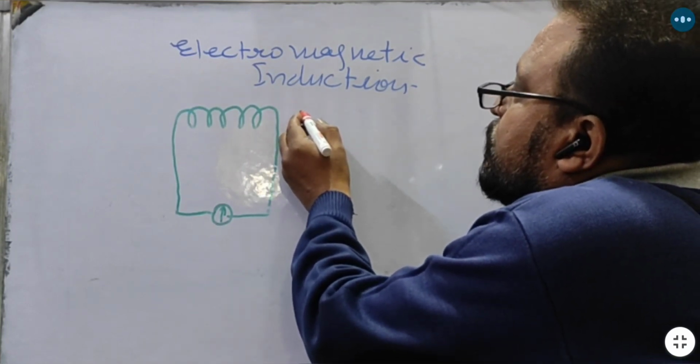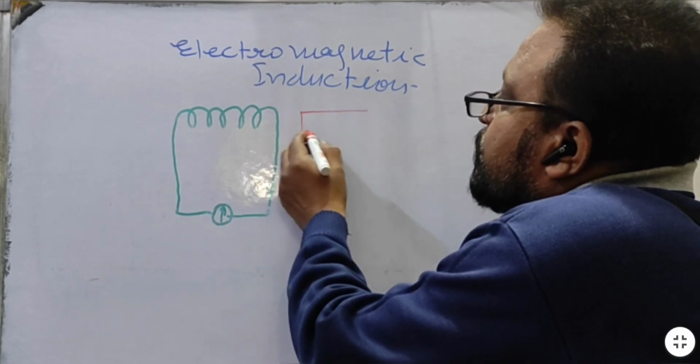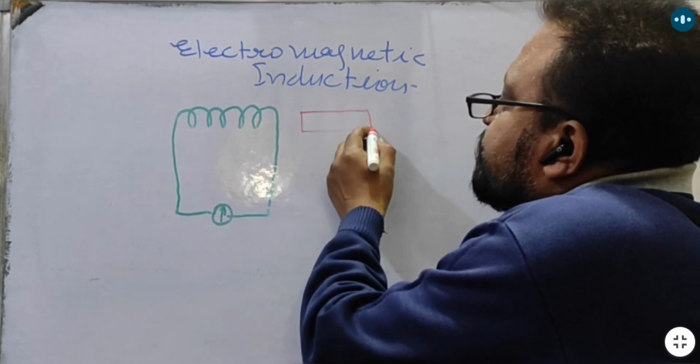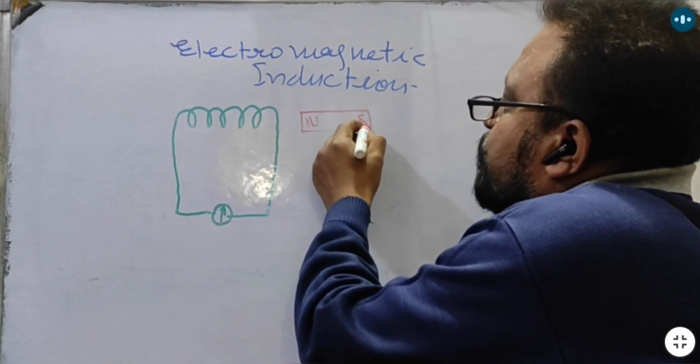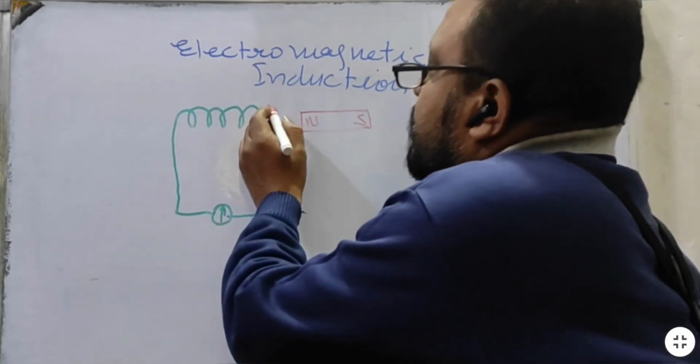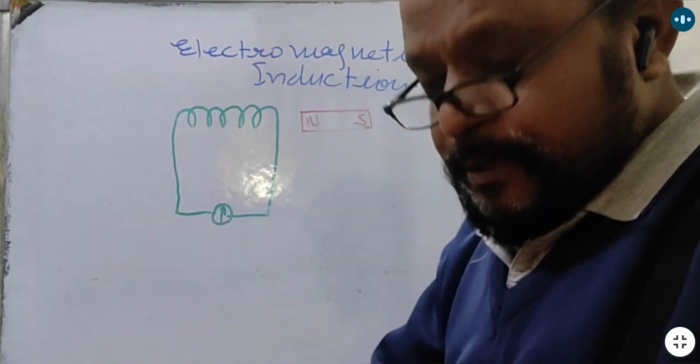So this is a magnet, North Pole and South Pole, fine. And this is a coil. This is galvanometer.